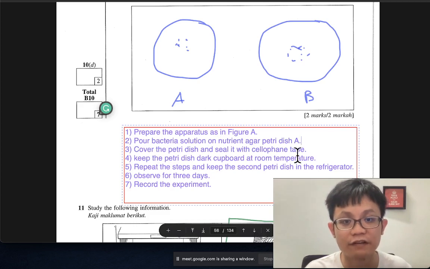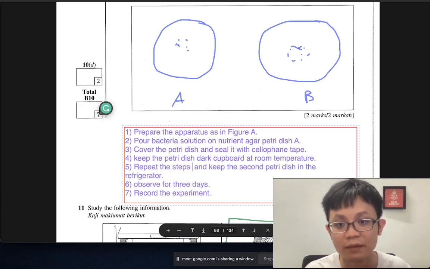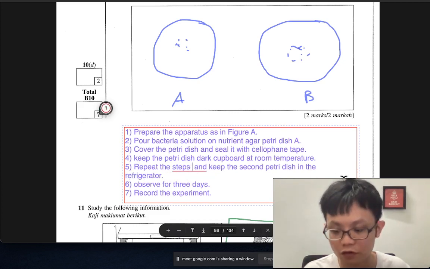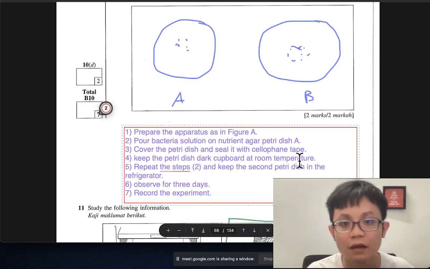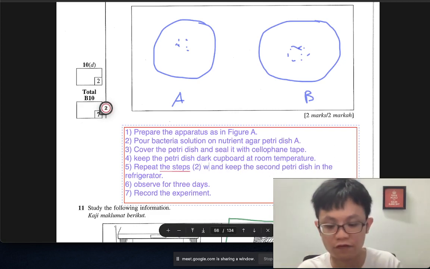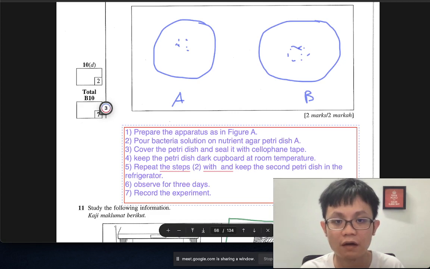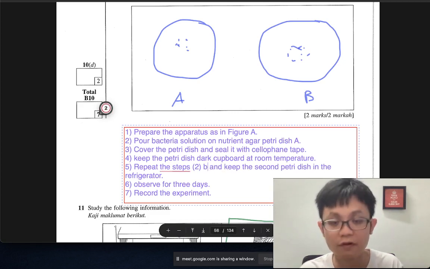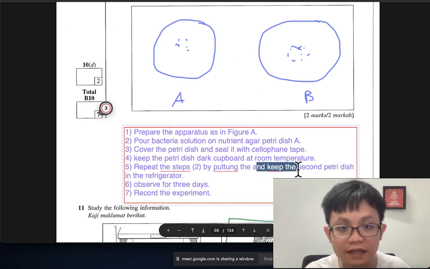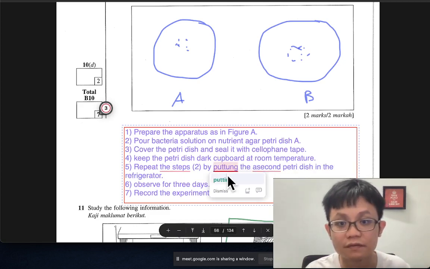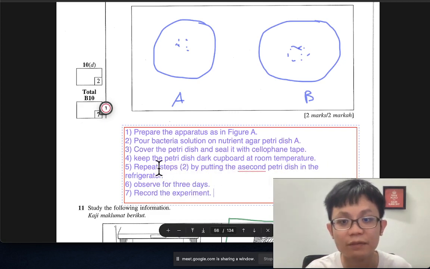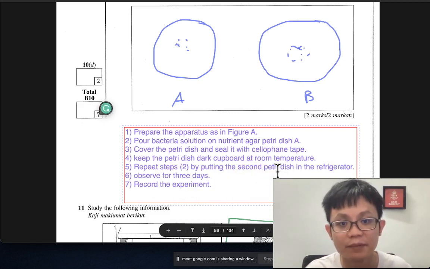Cover the petri dish and seal it with a cellophane tape. Okay. Repeat the step. Maybe you can say here, repeat step 2 by putting the second petri dish in the refrigerator.